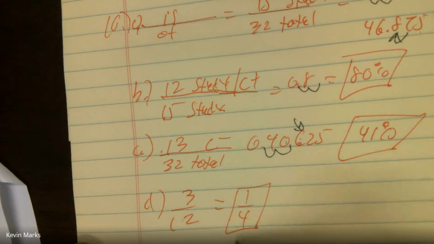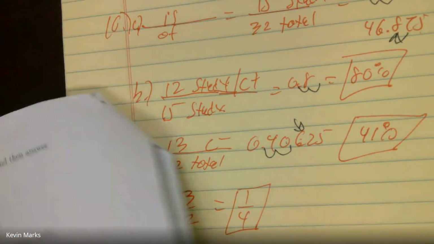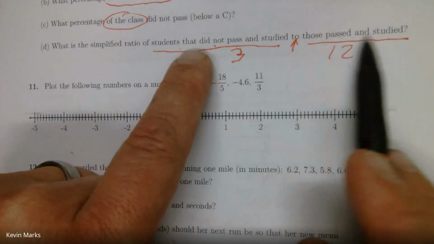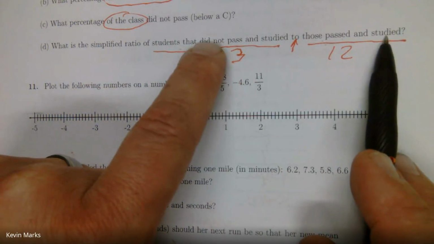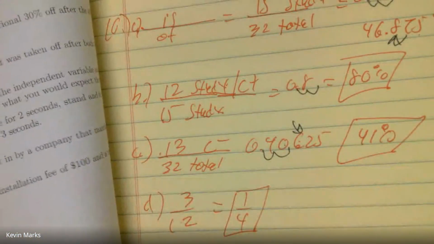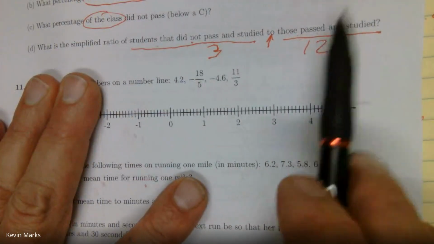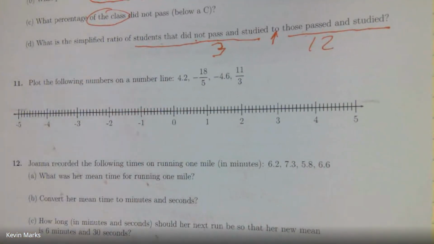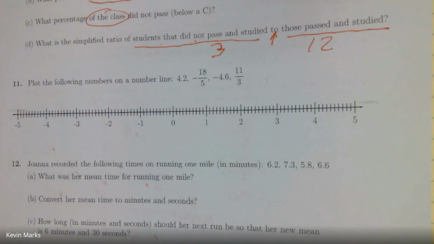That's what they want. They don't want you to divide it and get a percentage because it says simplified ratio. Basically, looking at those that passed and studied compared to those that did not, this number is 4 times bigger than this one. So what that's saying is you're 4 times more likely to pass if you study. So you should study, right? That's what that's saying.